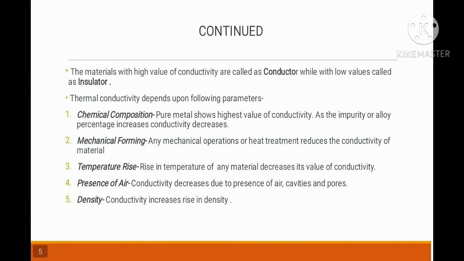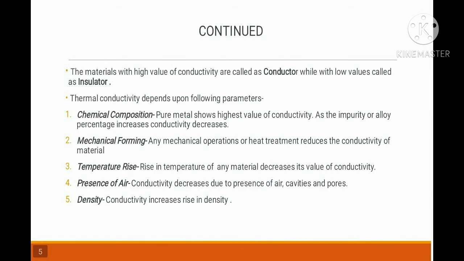Now this thermal conductivity of materials depends upon some parameters. First one is chemical composition. Pure metal shows the highest value of conductivity. As the impurity or alloy formation increases, conductivity decreases. That means pure metals like copper, zinc, aluminum, which are homogeneous, show the highest value of conductivity.